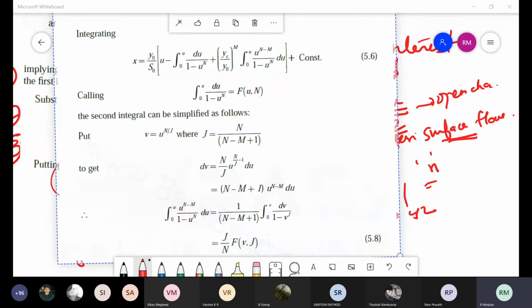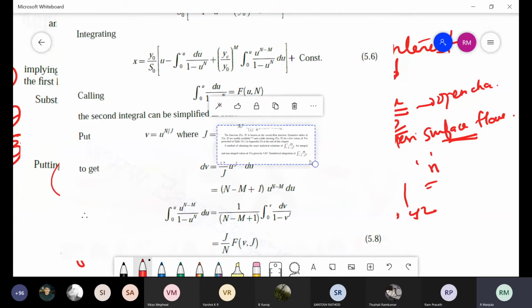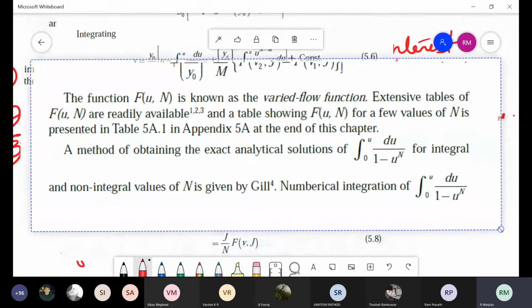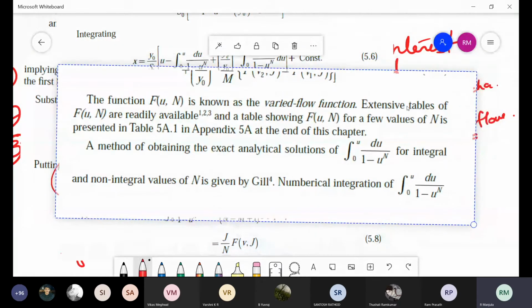For the various functions, you can see the table. The function f of u comma n is a varied flow function, and you have extensive tables for f of u comma n. The table showing f of u comma n for a few values of n can be taken from table 5.1.